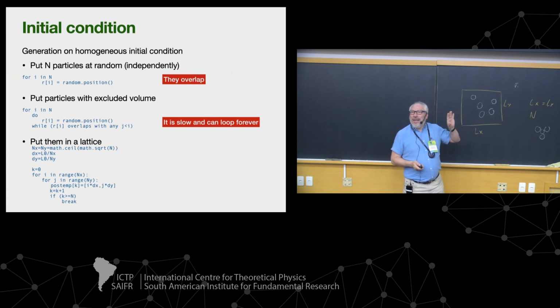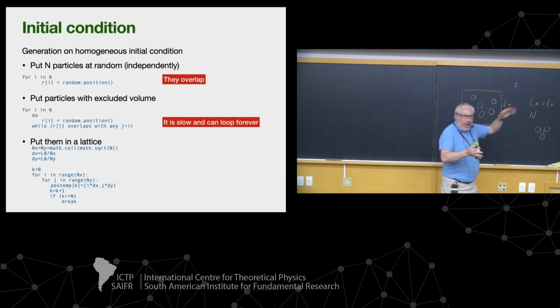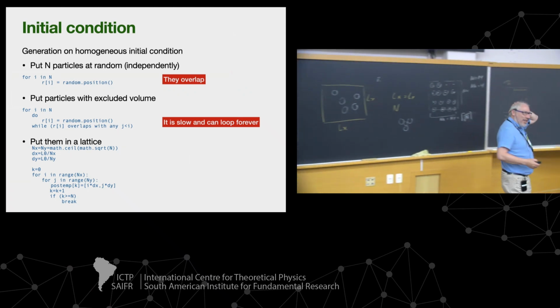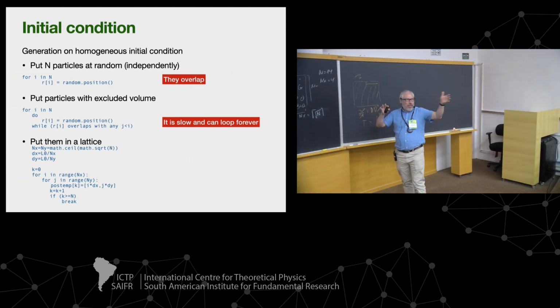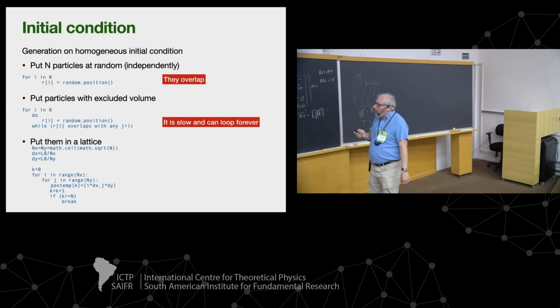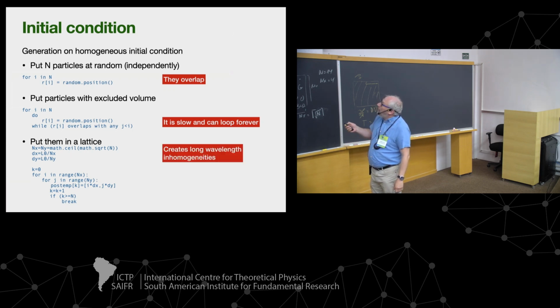For 14 particles, it takes nothing, yes? But as we were discussing yesterday, we want to do simulations of, I don't know, a million by a million, and then it can take you ages for the system to be homogeneous. So as I said, it creates long wavelength inhomogeneities.